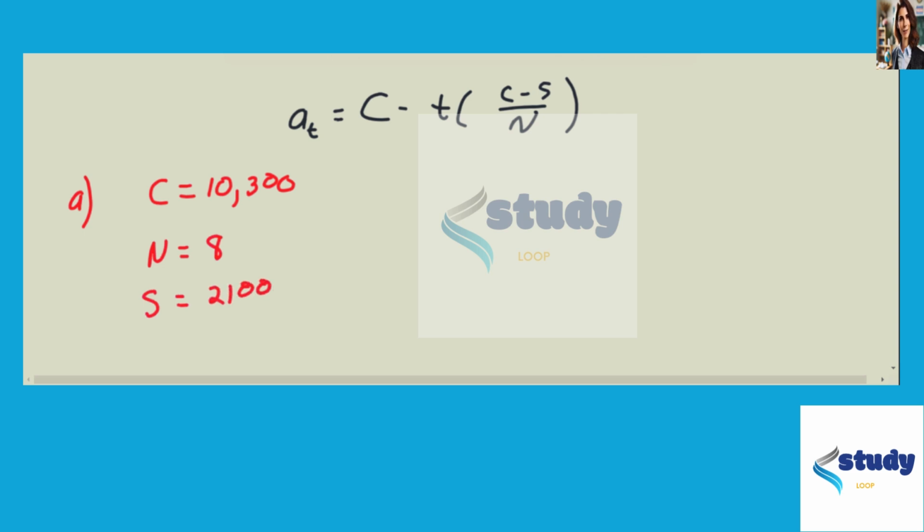So all we're going to do is substitute these values into our formula. So that means we'll have a sub t is equal to C, which is 10,300, minus t times 10,300 minus 2,100, all getting divided by 8.